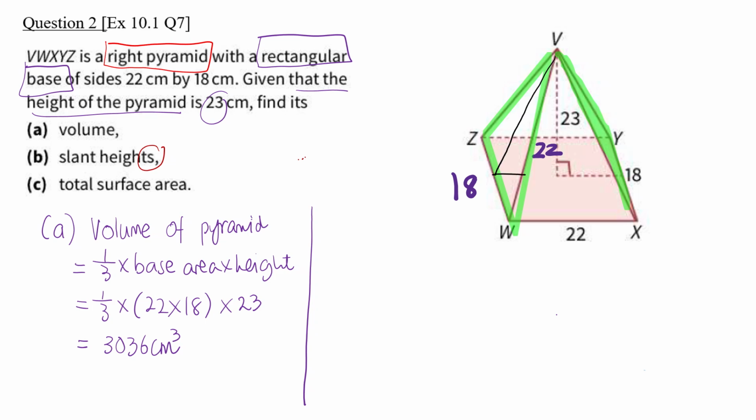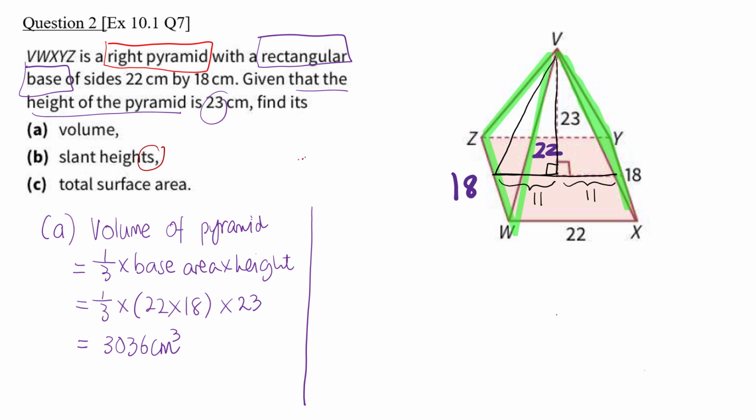So I'm going to form a right angle triangle here. This is 90 here. From here to here will be half of 22, because 22 is all the way from here to here. So half of it will be 11. And then the vertical height is 23.